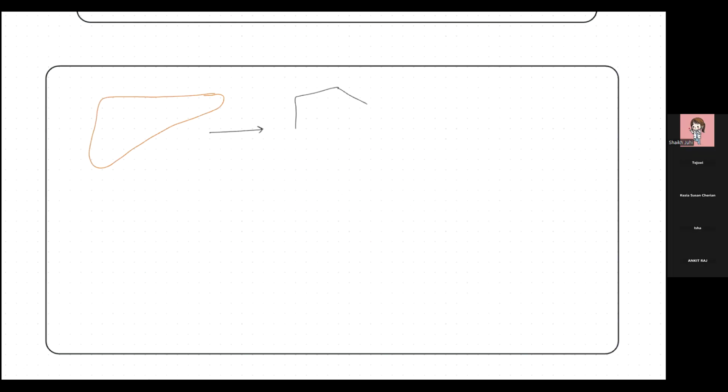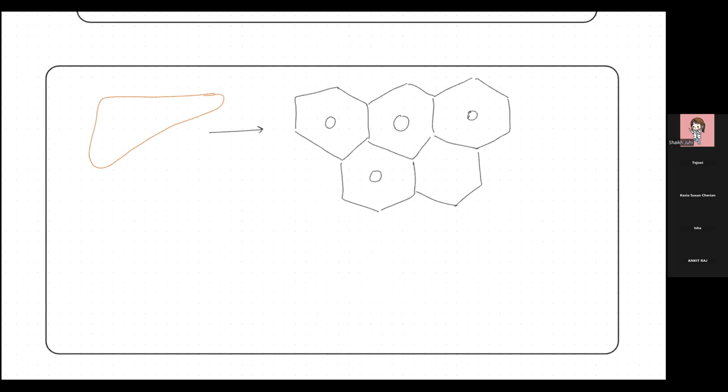These are the hexagonal hepatocytes, isn't it? Now, these hepatocytes have the central vein. The central vein will be in the center, and it will combine and form the hepatic vein further.